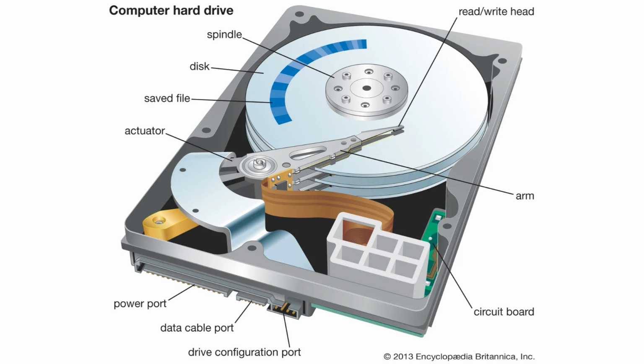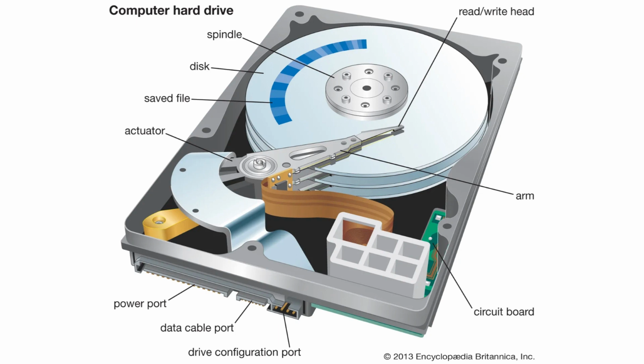A hard disk has electromagnetic read or write heads above and below the platters. You can see on the top of the screen, there's a label pointing to the read write head, and it's on top of the platters.